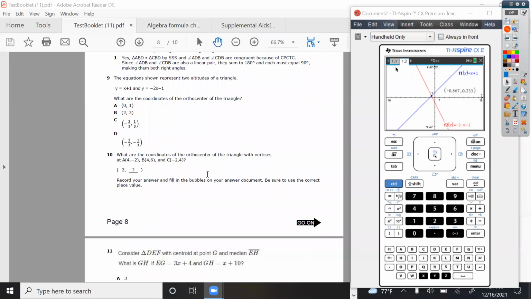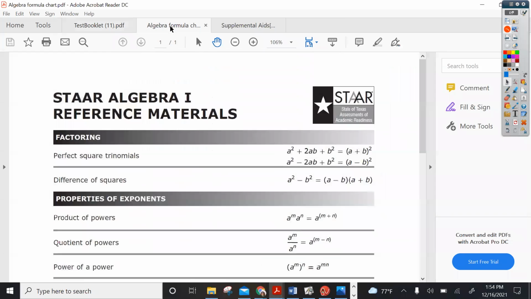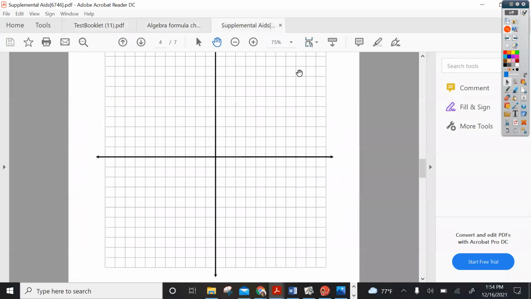What are the coordinates of the orthocenter of the triangle with vertices 4, -2, 4, 6, and -2, 4? So I'm going to figure this out. 4, -2. I'll move this over a little bit. Okay, first point is 4, -2.